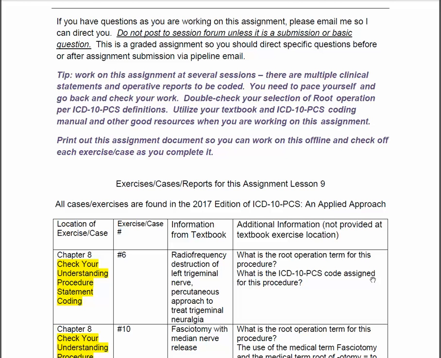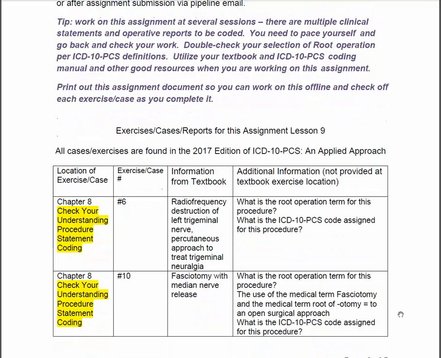But if you're feeling stuck on the anatomy, or on which way to go in terms of the surgical approach, I can give you some direction, but I will not give you the correct code, nor will I confirm that your code is correct. You are submitting your answers here in the course, in the section noted in the course.